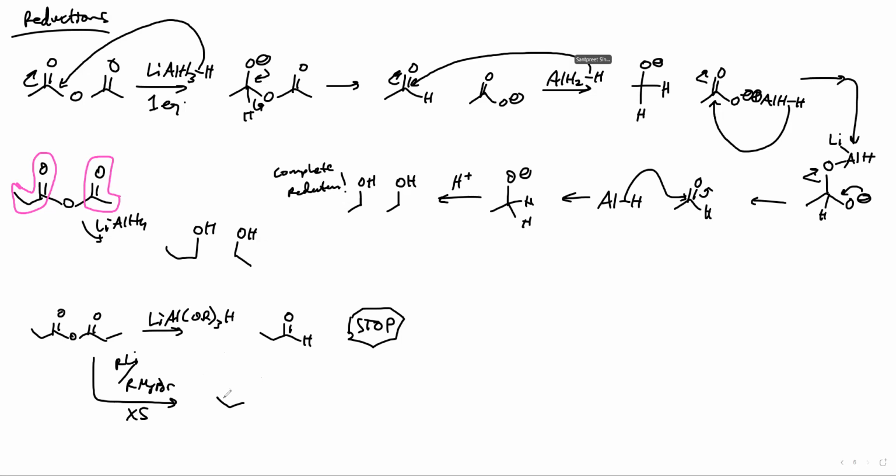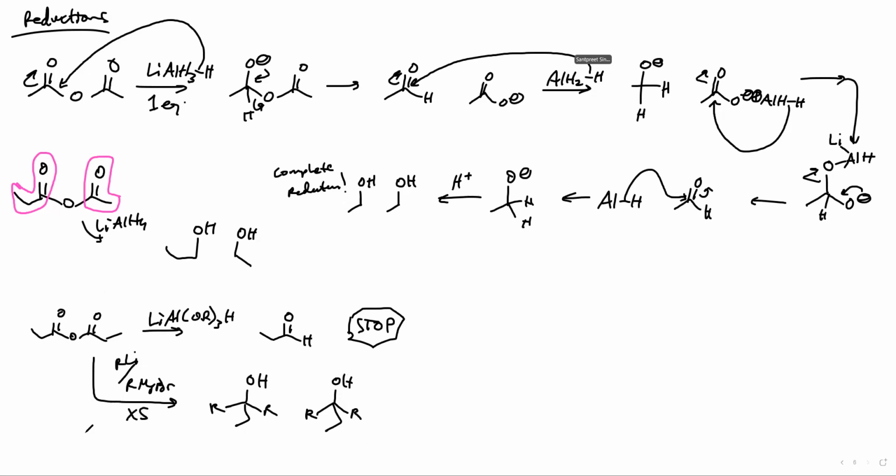And what we're going to get is this symmetrical alcohol, but we're going to get two of them, because we're getting one from this side and one from this side. And excess is going to reduce everything possible, so we're going to get two of these alcohols.